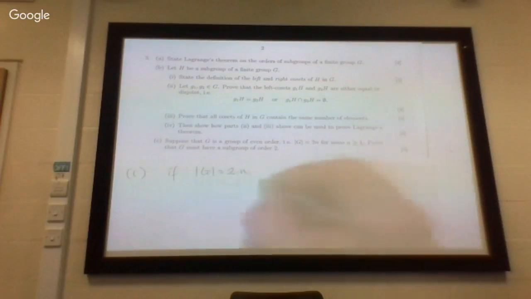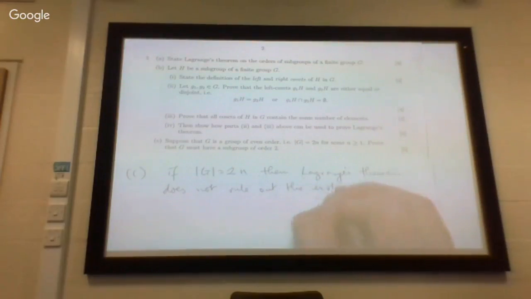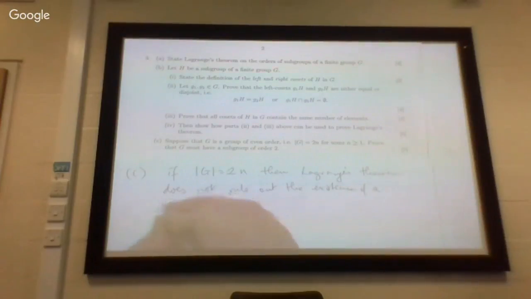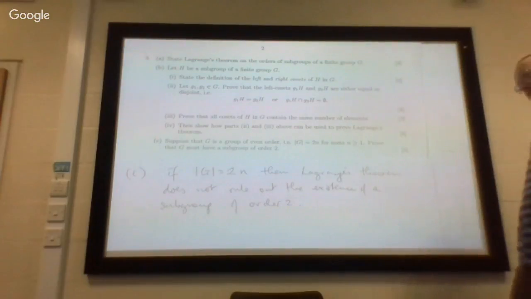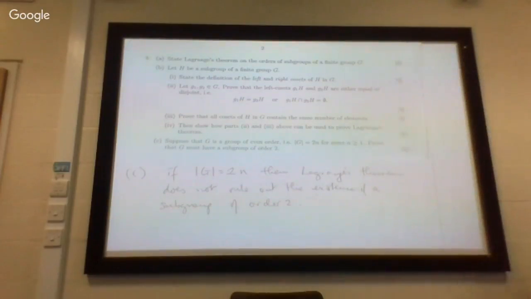So if the order of G is 2n, then certainly Lagrange's theorem does not rule out the existence of a subgroup of order 2, but it doesn't rule it in either. Lagrange's theorem really just says what doesn't exist. There are no subgroups whose orders are not divisors of the order of G.